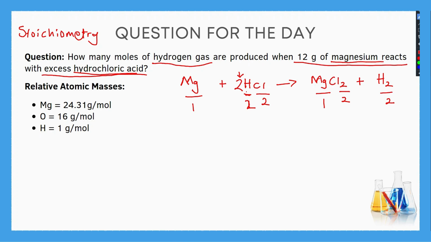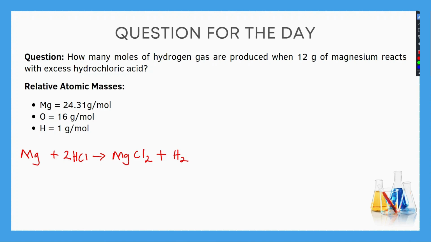So our balanced chemical equation is Mg plus 2HCl, giving us MgCl2 plus H2.